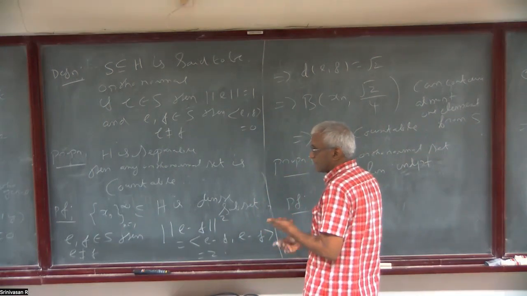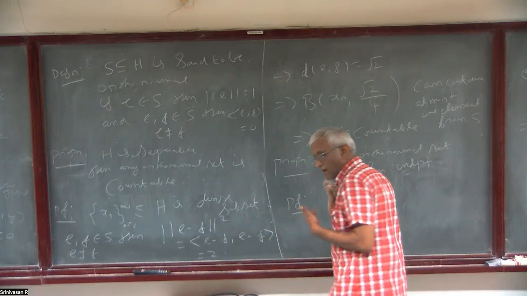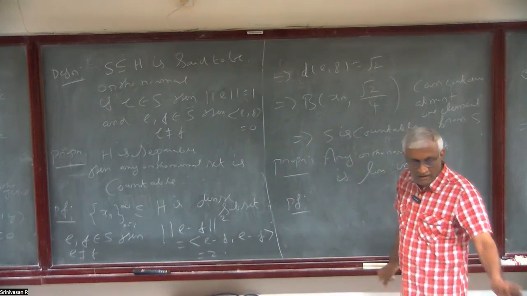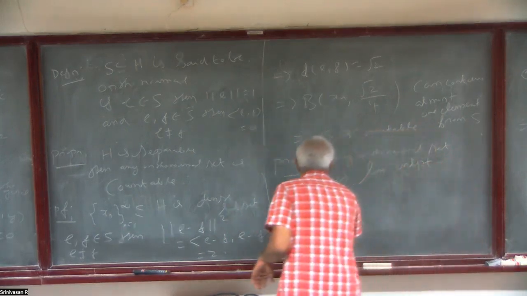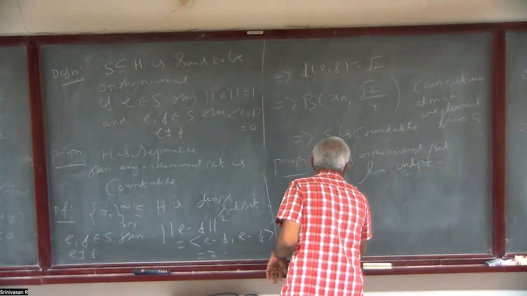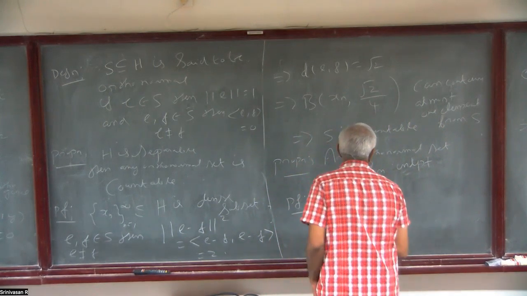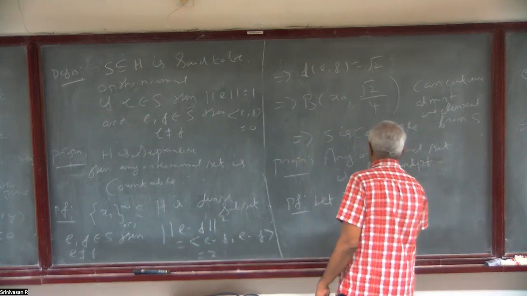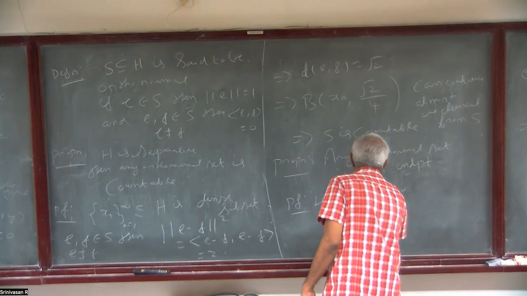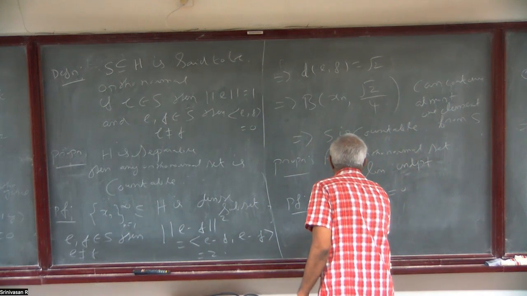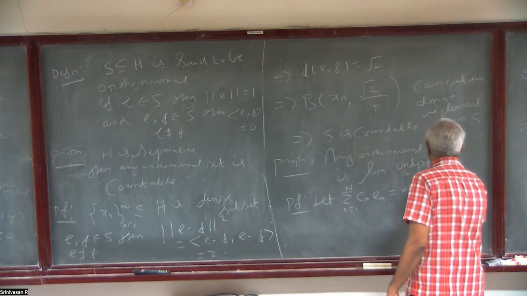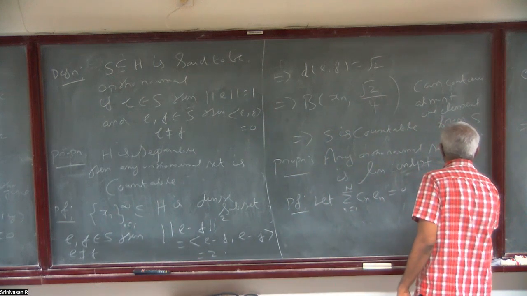You have to take a finite linear combination and show that all the constants have to be 0. Let's suppose that the summation of C_n E_n, n equal to 1 to n, equals 0, for some E_n orthonormal.